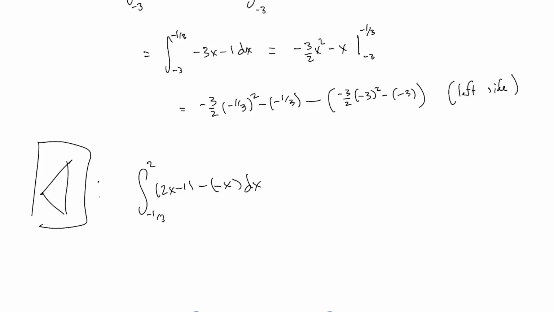The bigger and the smaller is the other way around, and we have different boundary values. After you simplify on the inside, this is 2x minus 1 plus x. I have a 2x and a plus x, so I can add them up to get 3x.